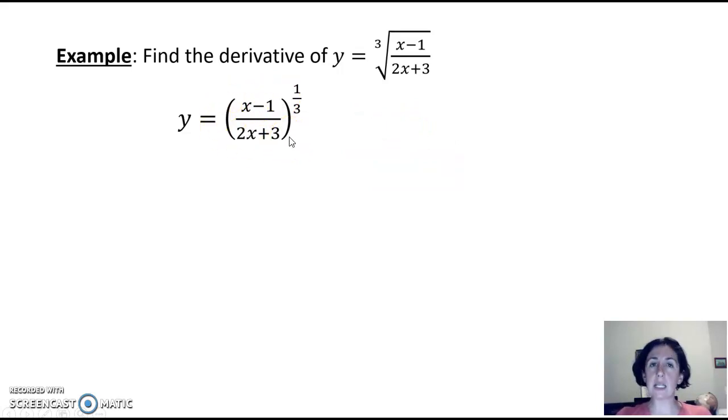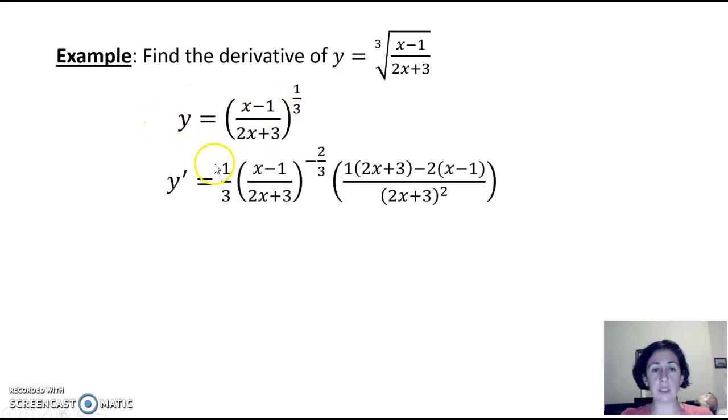But when I go to take the derivative of that inside function, I have variable over variable, so I'm going to have to use my quotient rule. So again, bring the 1/3 down, leave the inside function alone, take one away, and then times the derivative of that inside function, which will be the derivative of the top times the bottom, minus the derivative of the bottom times the top, all over the bottom squared.